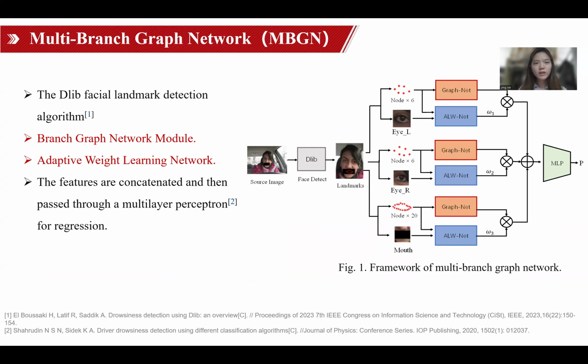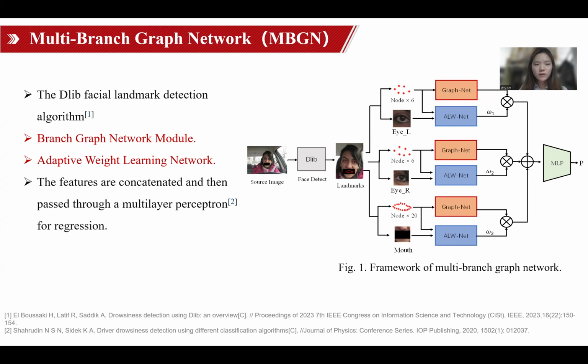Figure 1 presents the MBGN architecture. The model first extracts key facial landmarks, left eye, right eye, mouth, which are transformed into graph nodes and processed by separate feature extraction branches. In the branch graph network, GCN captures spatial relationships between nodes and learns to map features to facial fatigue states.